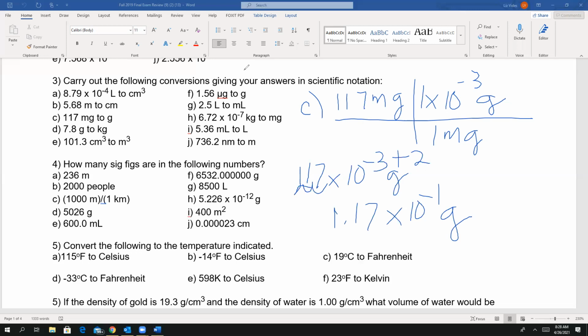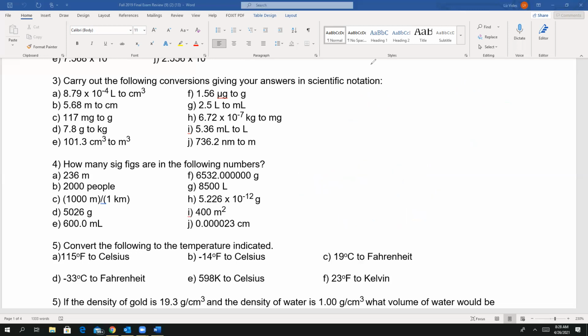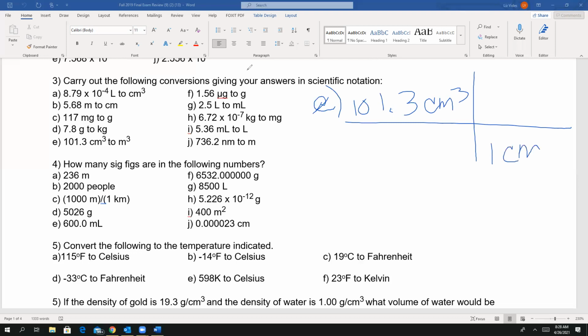Right? Let's see. E is going to be 101.3 centimeter cube to meters cube. Okay, so here's where the difference is. 1 centimeter is equal to 1 times 10 to the negative 3 meters.